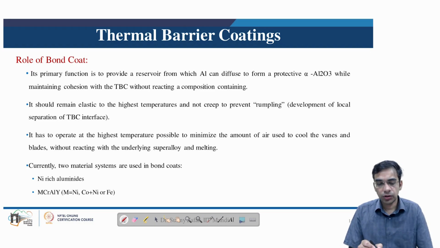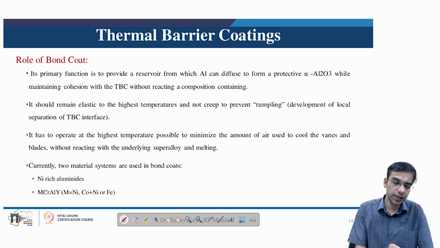The bond coat also operates at the highest temperature to minimize the amount of air used in cooling the vanes, without reacting with the underlying superalloy and melting. Presently two material systems are used in the bond coat, which include the nickel rich aluminides, with the formula MCrAlY, where aluminium is the predominant element, and this is used to create the alpha aluminium oxide.